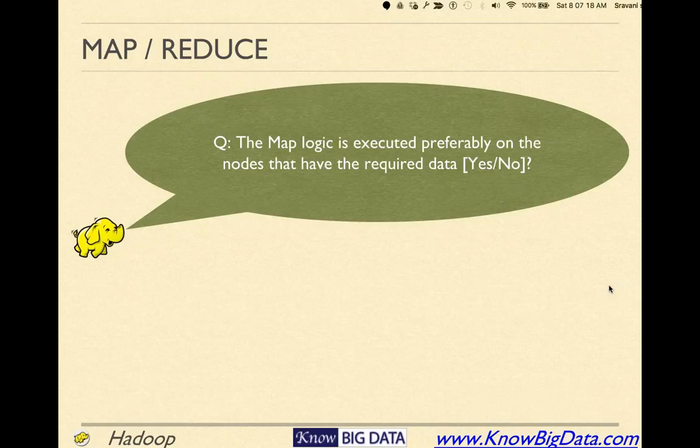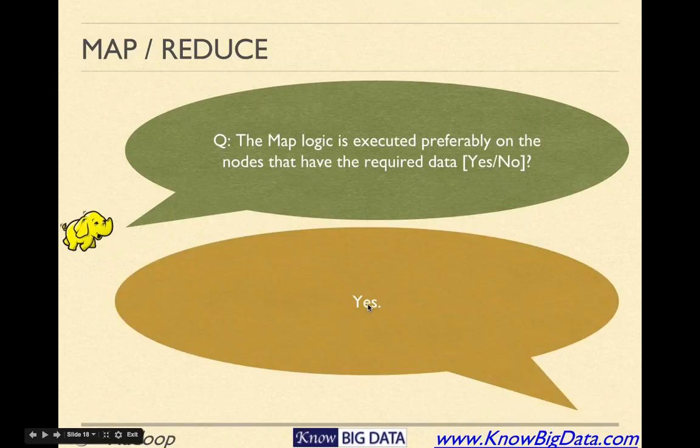Good Mahesh ji, Yashwant, Mamta, Abhay, Biswa, Medili. Keep going. All right. So on this, everybody is agreeing. MapReduce is executed preferably on the nodes that have the required data.